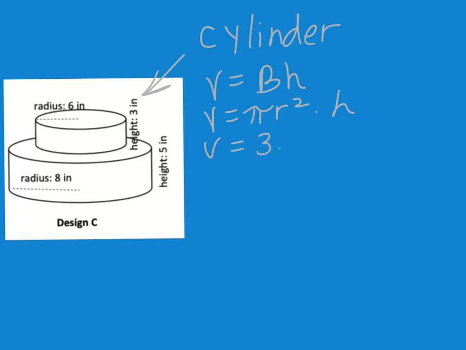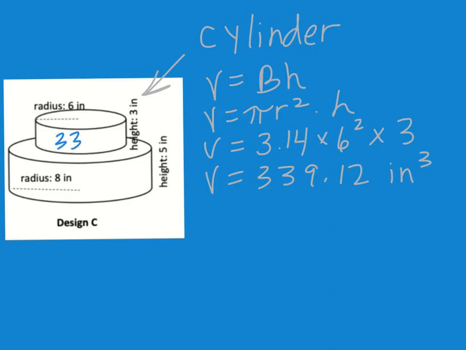We're going to do 3.14 times the radius squared times 6 squared times the height. So calculate that, and that gives us 339.12 inches cubed. Okay, so that's the top piece, 339.12.